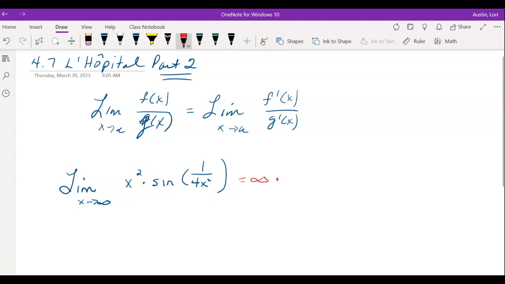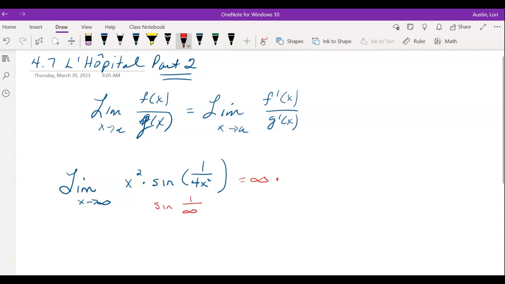What do I get for the other one? Well, if you plug in infinity, first let's do the 1 over 4x squared. We've learned this. 1 over a number that increasingly gets larger, the whole fraction becomes what? So I want the sine of 1 over infinity as x approaches infinity.